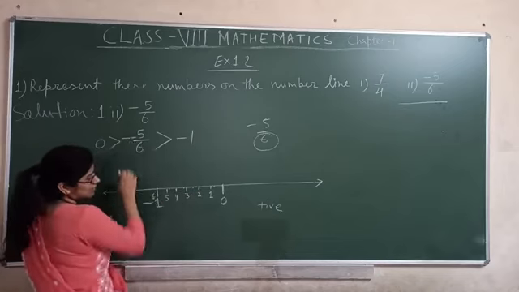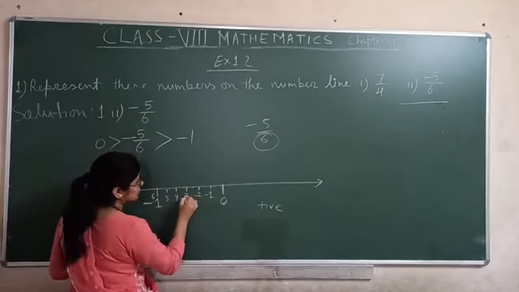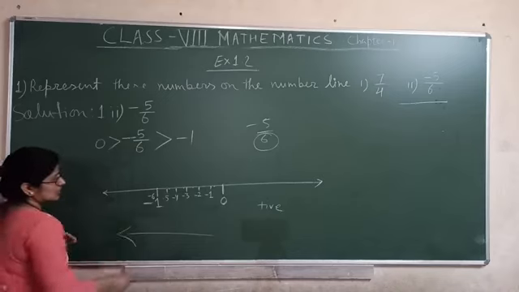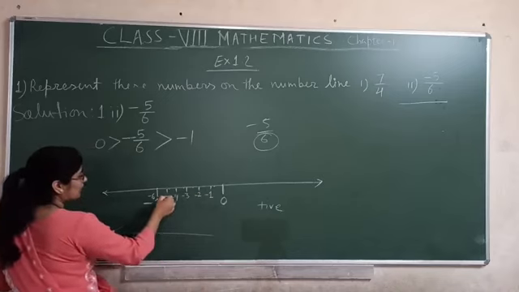This one is negative, so we will put the minus sign also. You will draw this side: 1, 2, 3, 4, 5, 6.